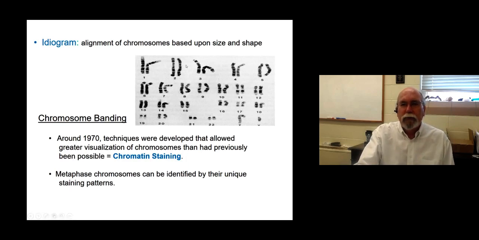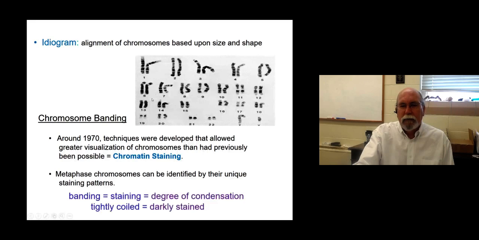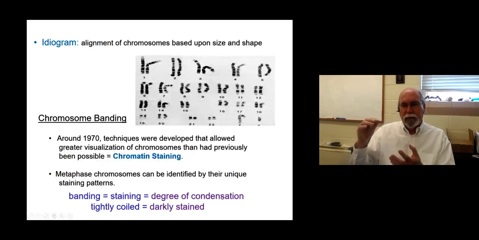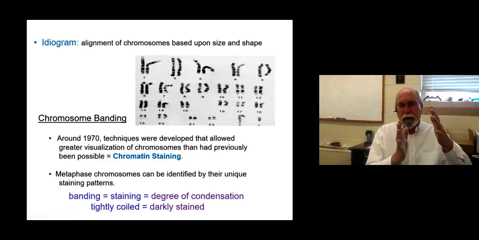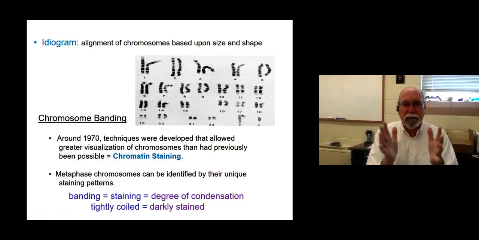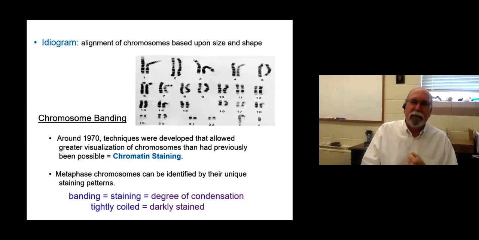So the dark areas here tell you about the degree of condensation that we have. And it turns out that as we pack up these chromosomes, we go through G2 and we pack them all down, they don't just pack perfectly square and equal. Anybody that's tried to stuff a sleeping bag into a stuff bag knows that you're going to have some areas where they're really poked down and other areas where they're a little less compressed.